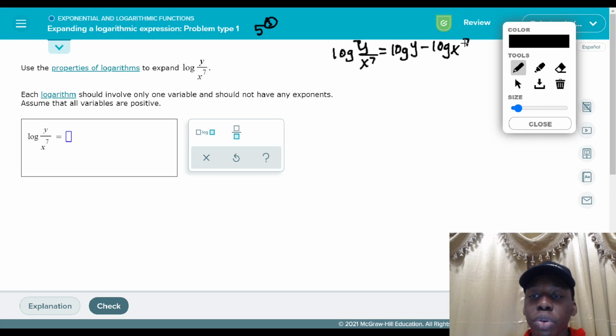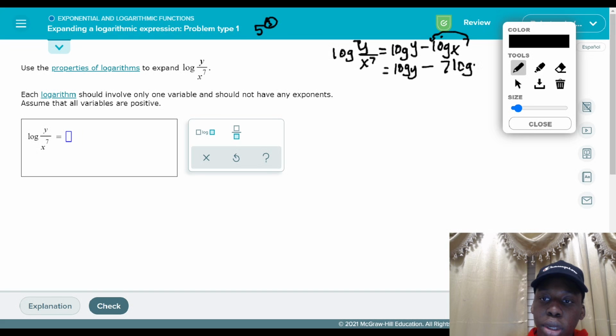So we have to remove this 7, and in order to do that, based on the logarithm properties of exponents, whenever you have a power attached, you take that power and multiply it by the front of the logarithm that you want to work with. So this is going to be log y minus 7, because we take 7 to the front, log x. So now this is the final expanded answer.